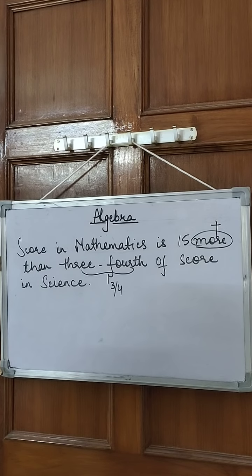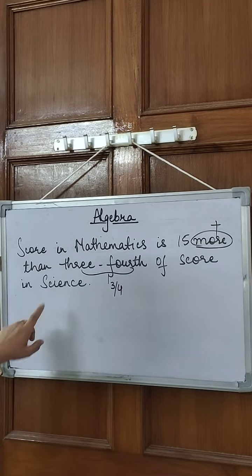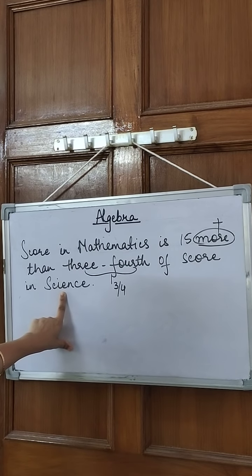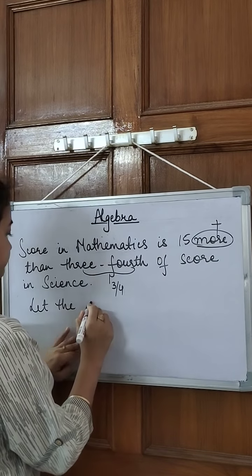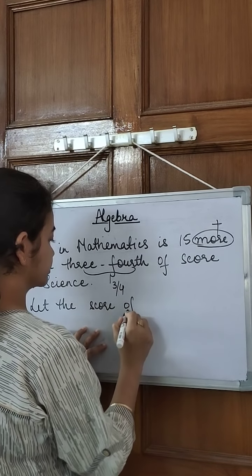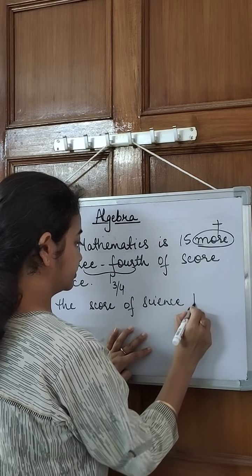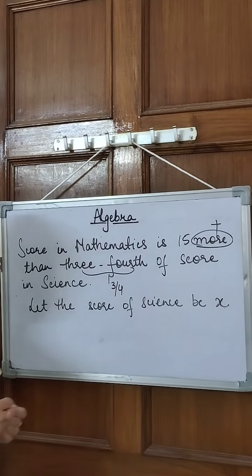Harsha's score in mathematics is 15 more than 3/4 of her score in science. If she scores x marks in science, now this time they have given you that the variable here that you have to assume is for the score of science, which they have said that she scores x marks in science. You have to find out her score in mathematics. So what we can say, let the score of science be x.